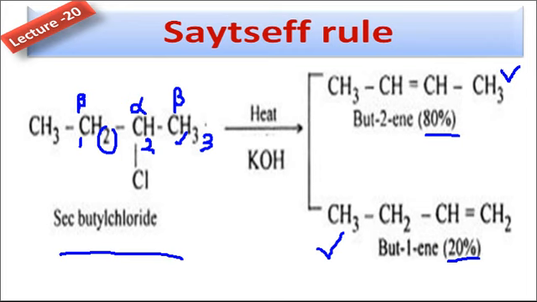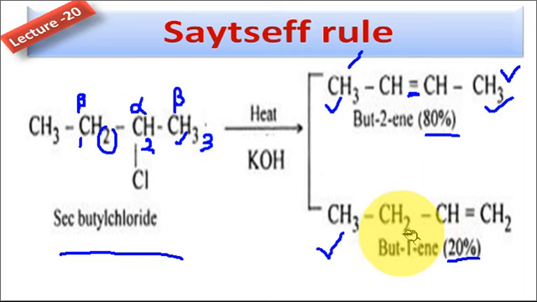According to the Saytzeff rule, the major product is that alkene in which the double bond has the higher number of substituent groups and fewer hydrogens. Clear? Now, this double bond has two substituent groups, 1-methyl and a second methyl, and 2 hydrogens. Now look at this structure here, 1-butene. In this structure, the double bond has only one alkyl group as a substituent.